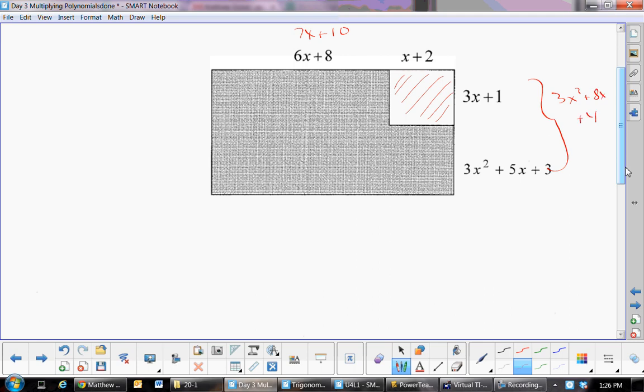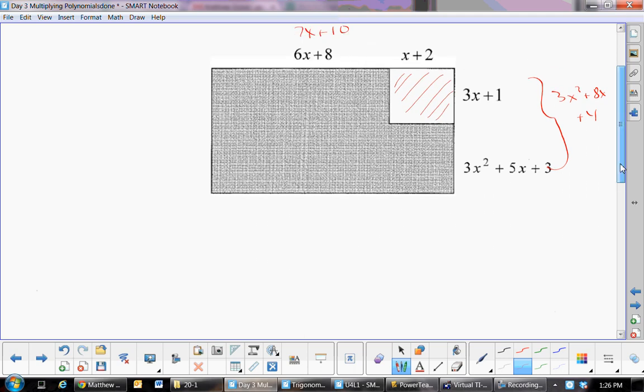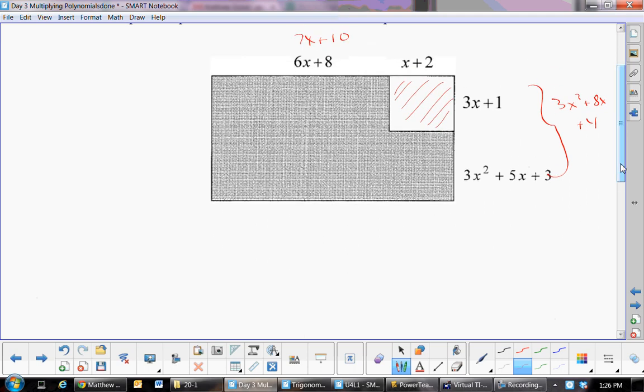Okay? So the last thing that I'm going to leave you with is what would be the equation? That's a nice multiple choice question. What would be the equation to find out the area of this? So area of this, we said, should be area of this minus area of that, right?